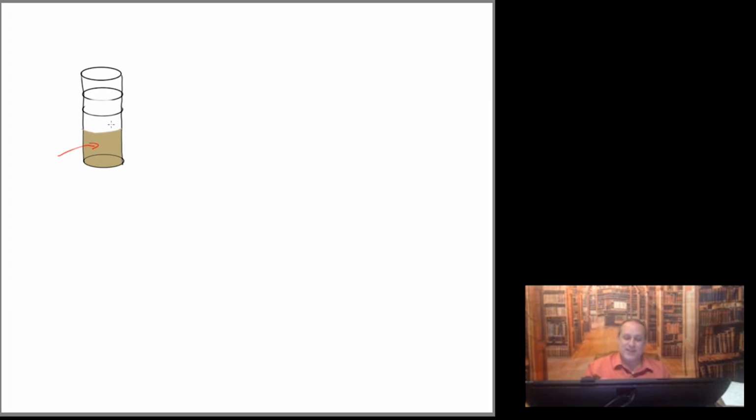And I'm going to use a slightly different color for the gas that fills that space. So this space gets filled with extra gas.